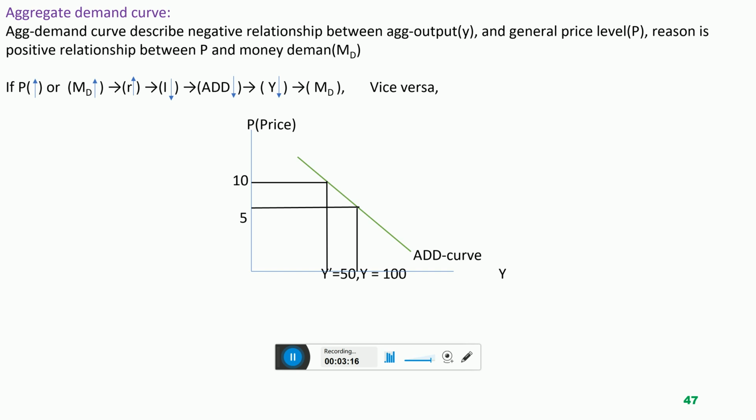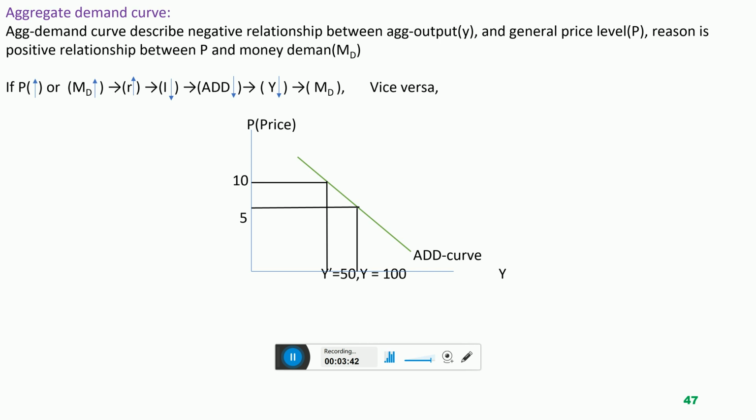So what is the reason for this negative relationship between the general price level of the economy and aggregate output? The reason is the positive relationship between the price and money demand. Why, when the general price level increases, will aggregate output decrease?